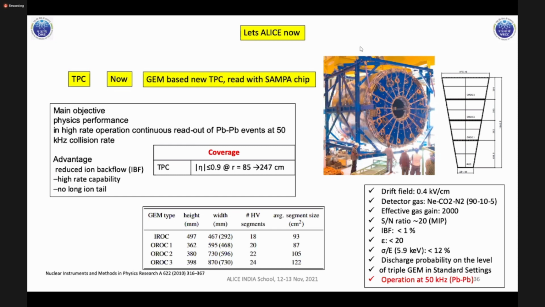One can have a look into it, but to me operation at 50 kilohertz is the most important, along with the IBF less than 1%. Other things one can tune and keep in mind for future reference. Okay, so you know about this TPC now, earlier, and what is in the present scenario.